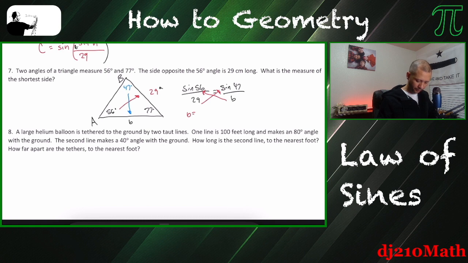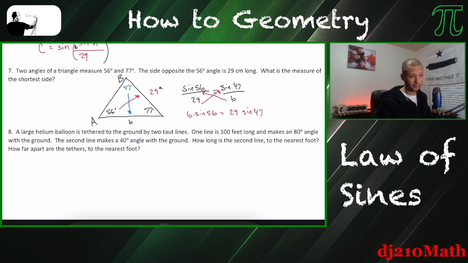B is equal to sine 47. No, take that back. Sine 56. Oh, hold on. What's going on here? So B sine 56 is equal to 29 sine 47.